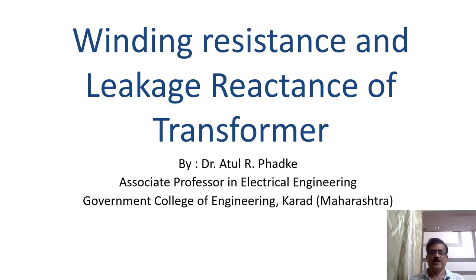So, in this video, we will see how to consider the effect of winding resistance and magnetic leakage in case of transformer. We will also see how to transfer the winding resistance and leakage reactance from one circuit to another circuit, that is from primary to secondary or from secondary to primary.